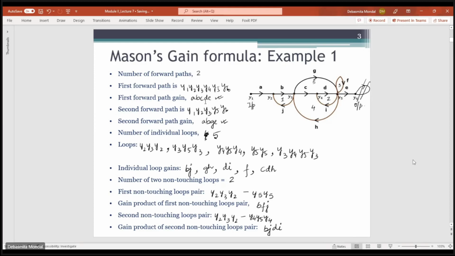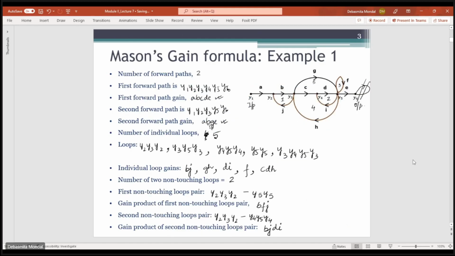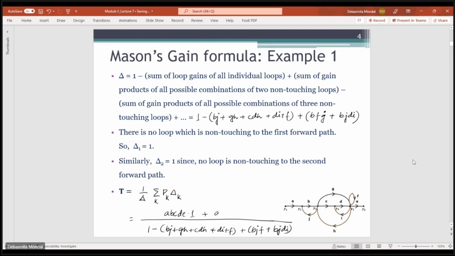This was the first forward path, ABCDE, multiplied by 1, plus ABGE multiplied by 1. This will give you the final transfer function of the overall system, y6 by y1.